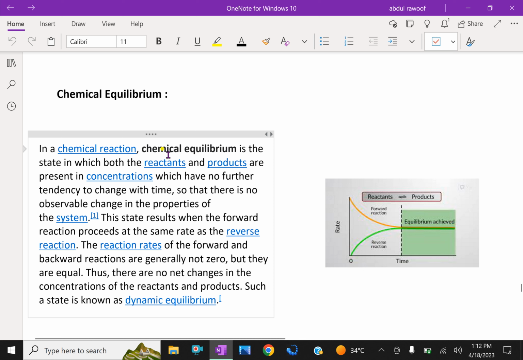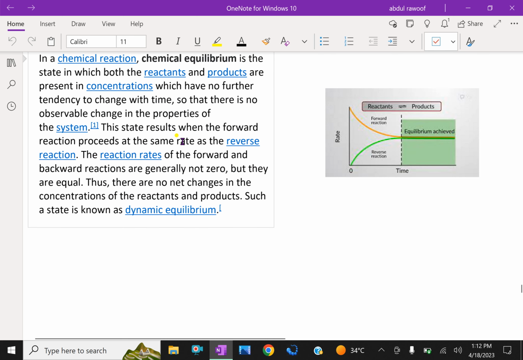In a chemical reaction, chemical equilibrium is the state in which both the reactants and products are present in concentrations which have no further tendency to change with time, so that there is no observable change in the properties of the system. This results when the forward reaction proceeds at the same rate as the reverse reaction.